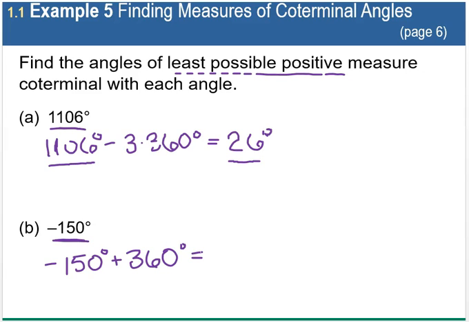Yeah, 210. So these two angles are coterminal because they differ by 360 degrees.